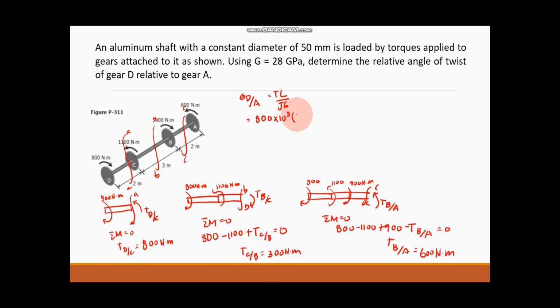And then the length is 2 meters or 2000 millimeters. And the polar moment of inertia is pi all over 32, the diameter is 50 millimeter as stated in the problem, raised to 4. And then the shear modulus is 28,000 megapascal. Minus. So, why minus? You can see the orientation of our arrows.